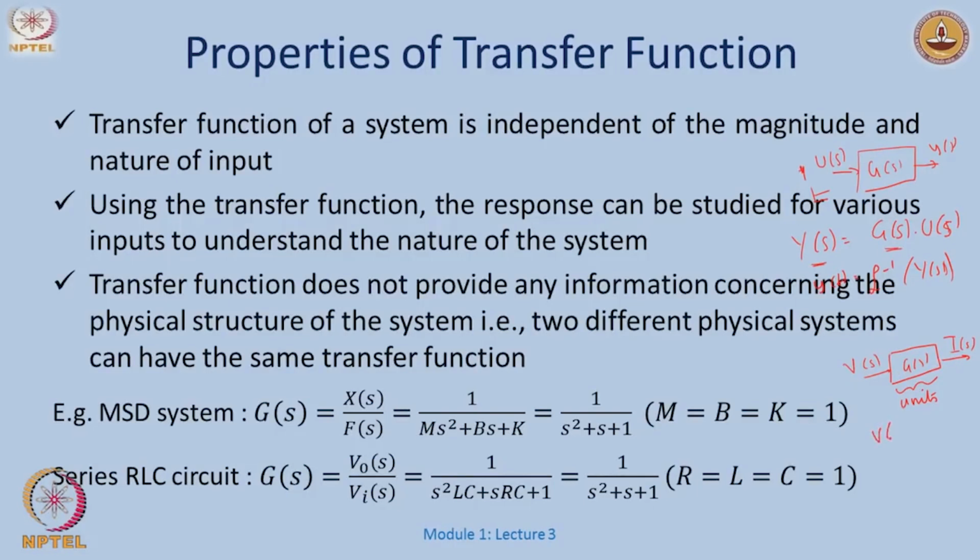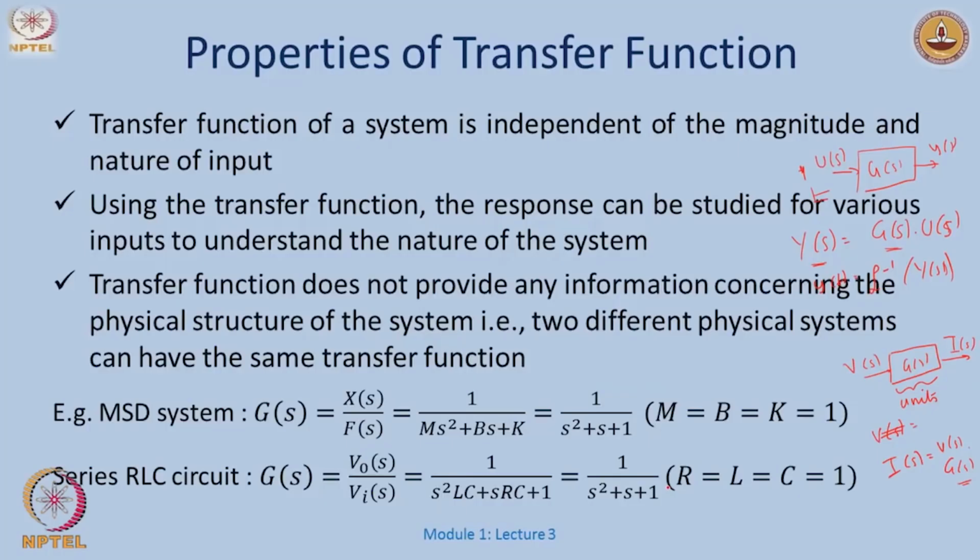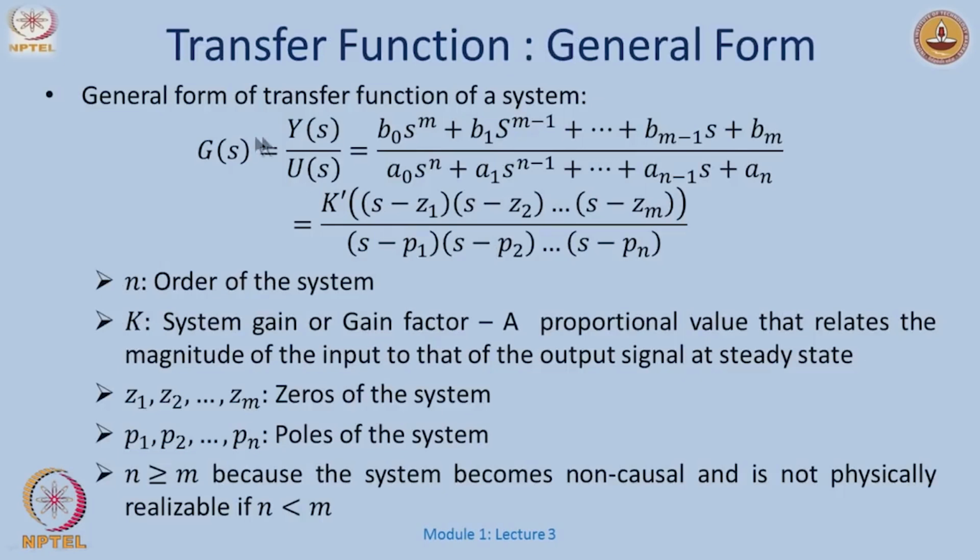So, I(s) would be V(s) over G(s), so G(s) here would capture the units of the inverse of the impedance. Similarly, over here also. So, the transfer function captures the appropriate units to transfer the input signal to the output signal. If it is a force and a velocity, it will have an appropriate unit over here and so on.